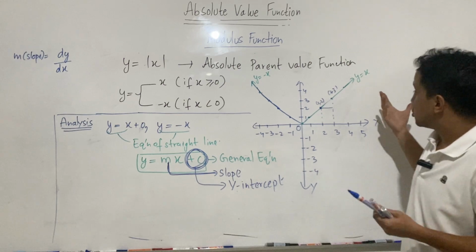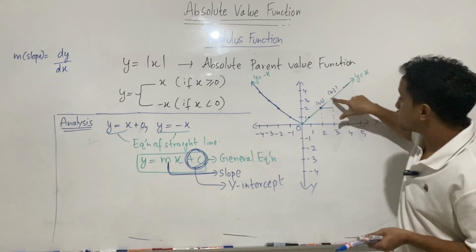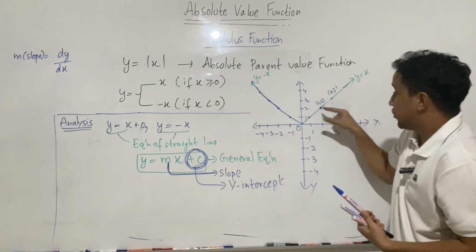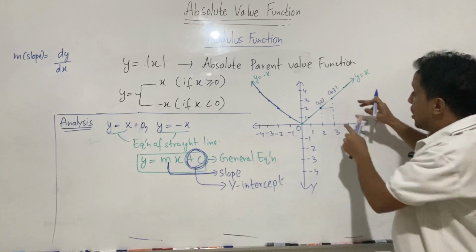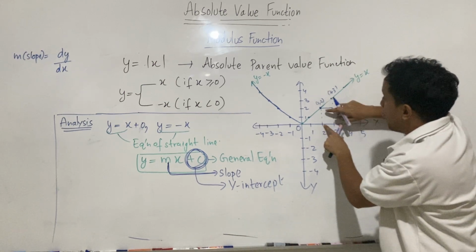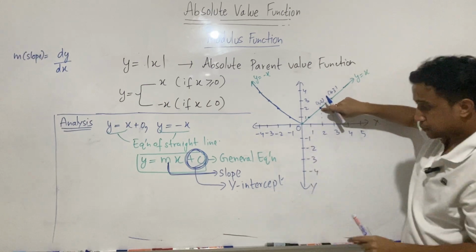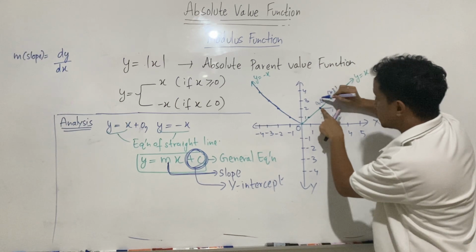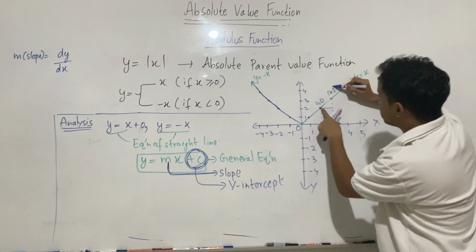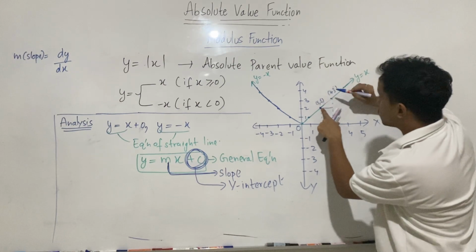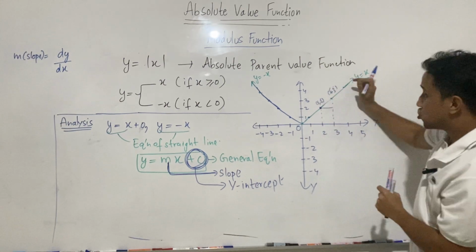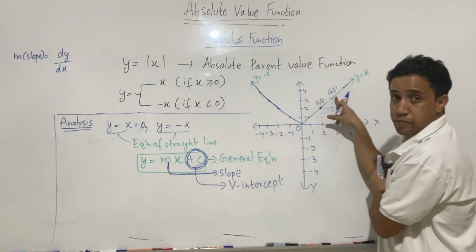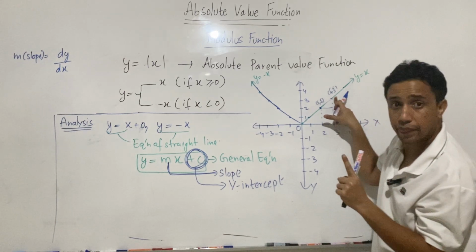Slope means, from this point to this point, what's the rate of change of y with respect to x. Now see here, at this point the y coordinate was 2, right? Here the y coordinate is 2, and here the y coordinate is 3. Here the x coordinate is 2. Here the x coordinate is 3. So I can say that the rate of change of y with respect to x is 1.